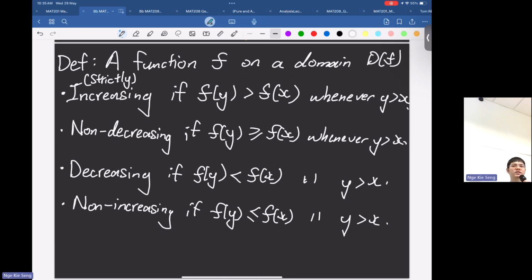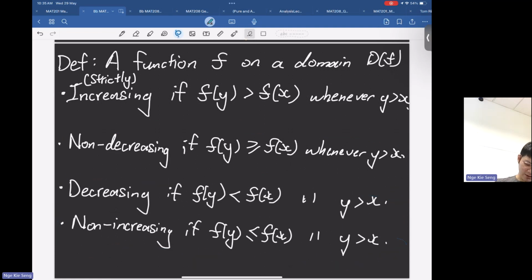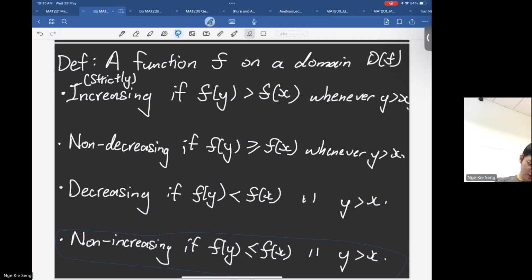So how do you imagine this function? Do you still remember how to remember the difference between these? If it is increasing, you can think of it as a slanted staircase.